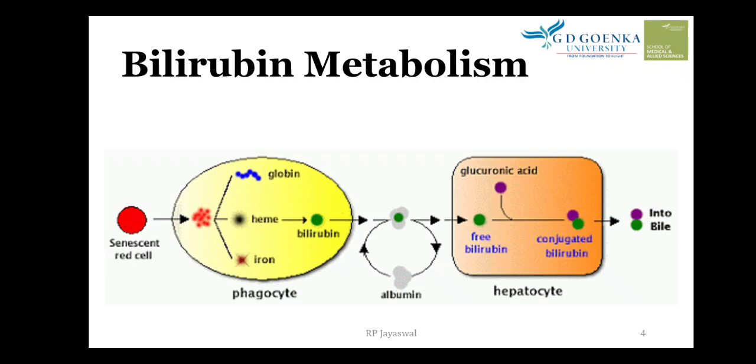In the hepatocyte, the free bilirubin is taken up, and in the presence of glucuronic acid it becomes conjugated bilirubin, which is now able to be excreted through the bile. This is the summary of bilirubin metabolism.